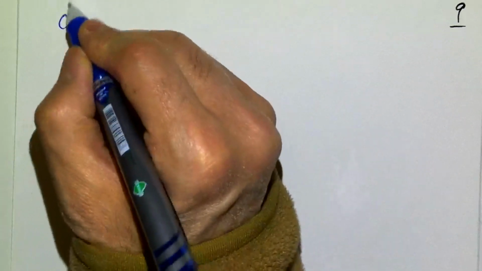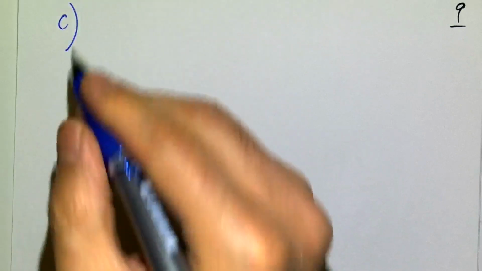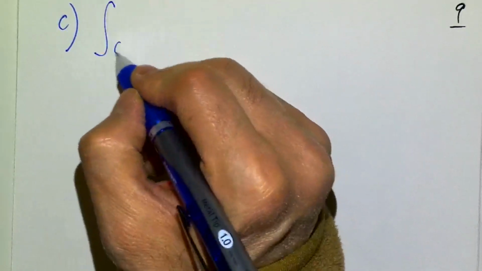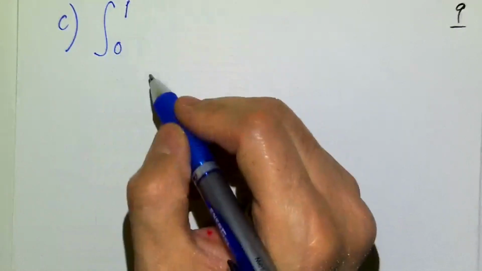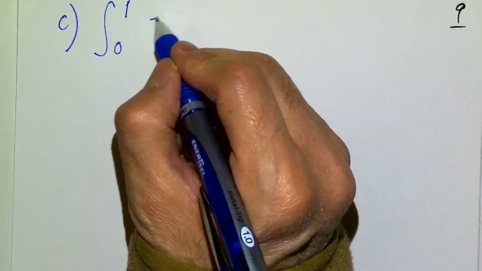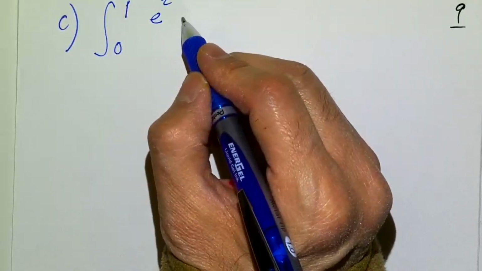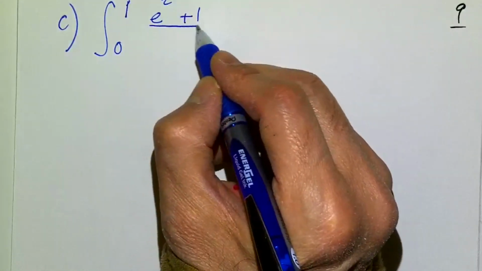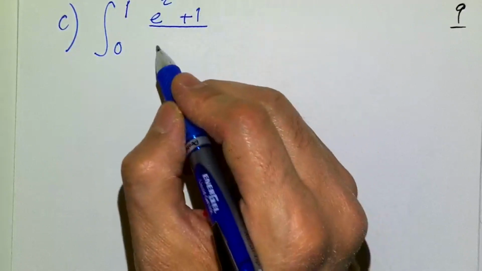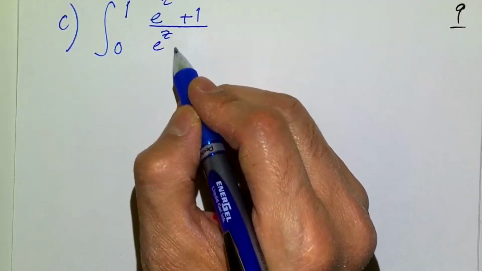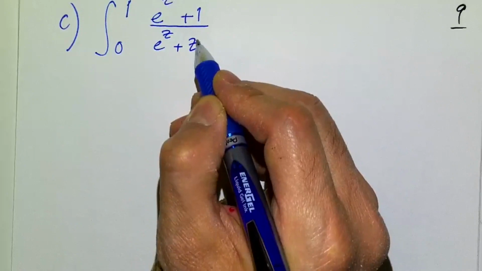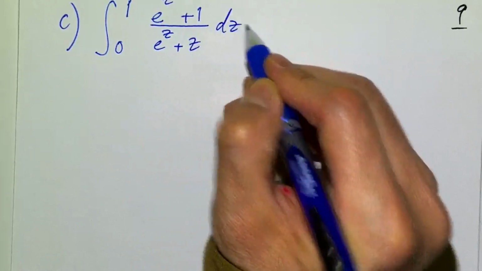Let's do another example of this kind, and that was part B. So this will be part C. We want to carry out this definite integral of the natural exponential function e to the z plus 1 divided by e to the z plus z dz, all right, like that.